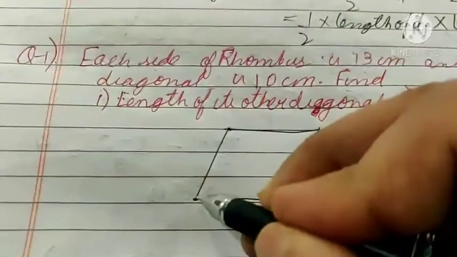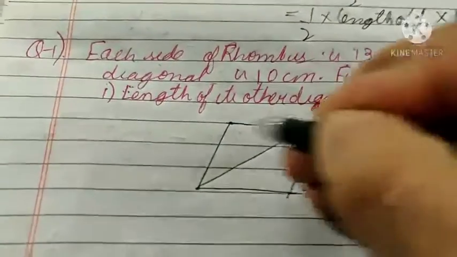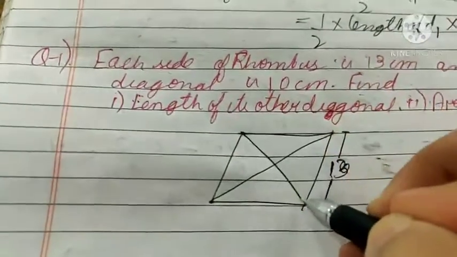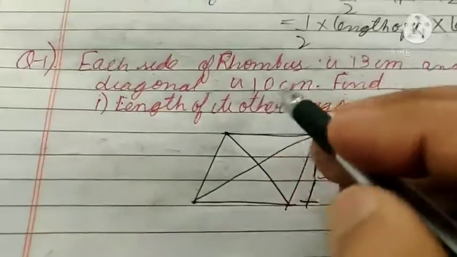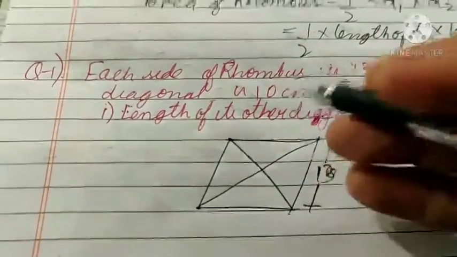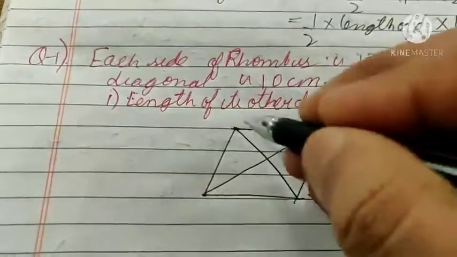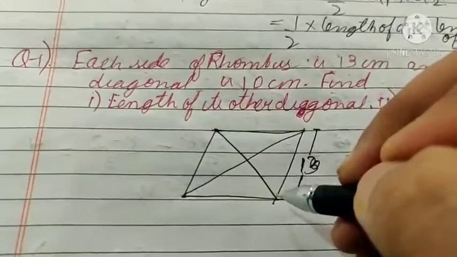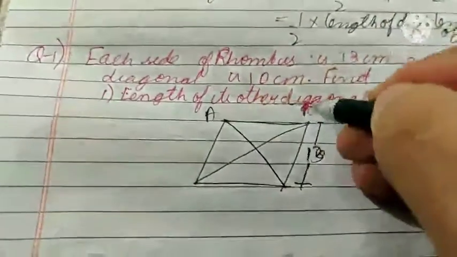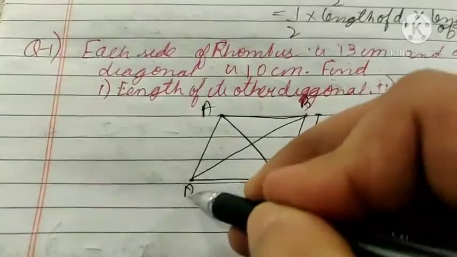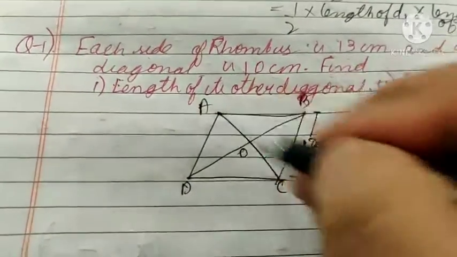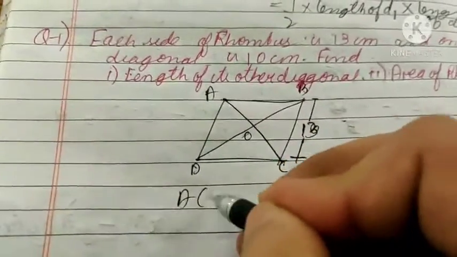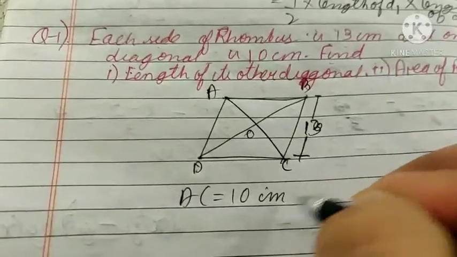If this diagonal is 10 centimeter, A, B, C and D, and this is center O, AC is equal to 10 centimeter.